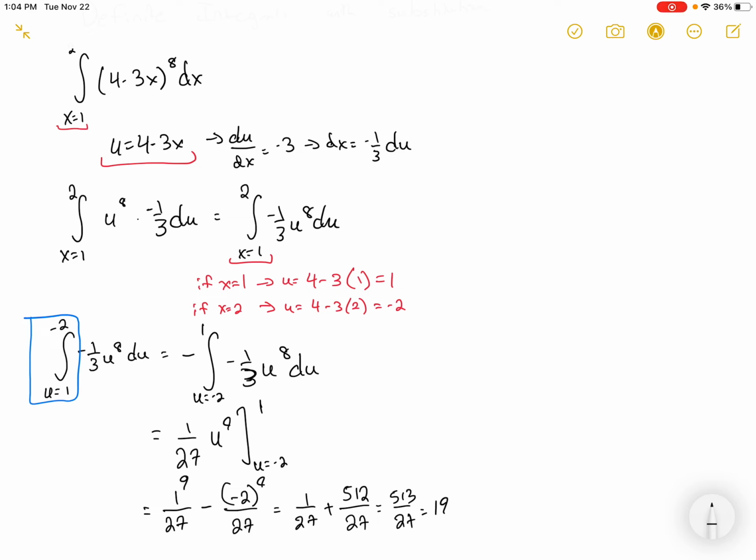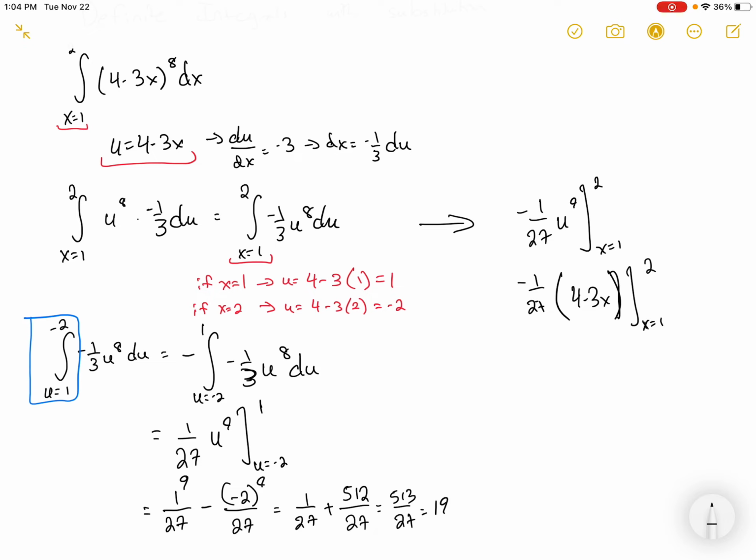Going back up here, if we wanted to keep this expression in terms of x, we would have integrated the same, and we would have said this is really negative 1 over 27 u to the 9th, evaluated at x equals 1 and 2. That's problematic because we're not in terms of x. So we would make this sub, where we'd say this is really 4 minus 3x, evaluated at 1 and 2.